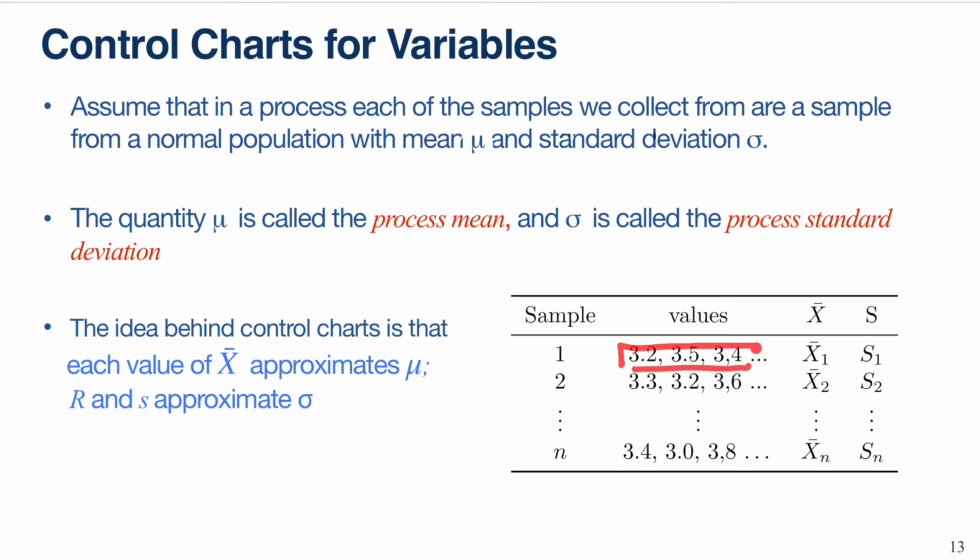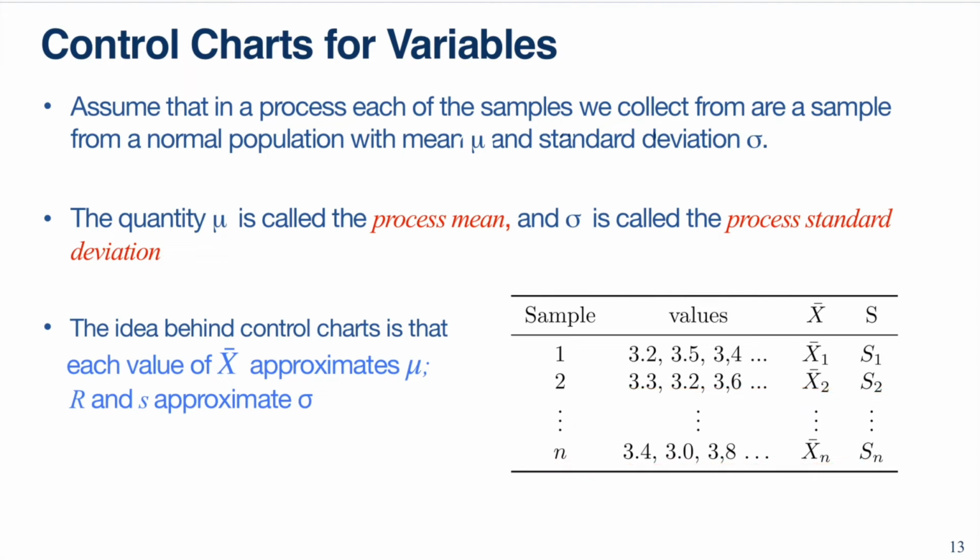So we have the different values, and for each sample we compute the mean and the standard deviation. Now this mean is called x1 bar because it's the mean of sample 1, and we do the same thing for sample 2 up to sample n.